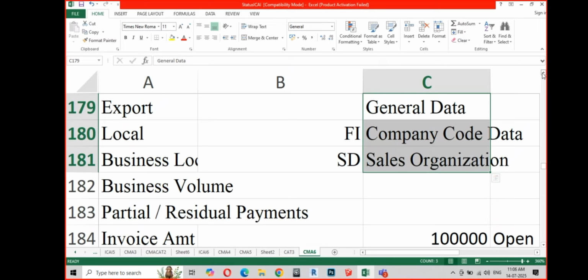One more important point you need to understand is how the finance module is talking to the individual submodules. No doubt your accounts receivable and accounts payable are individual submodules under the FI module.